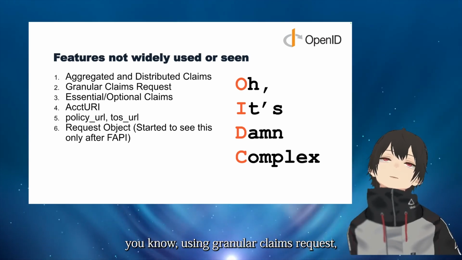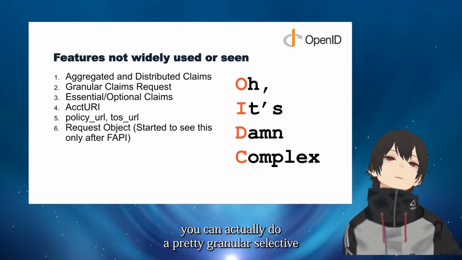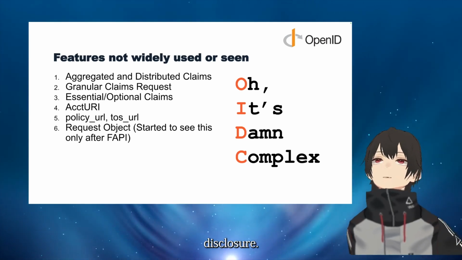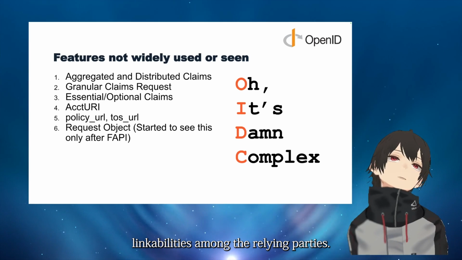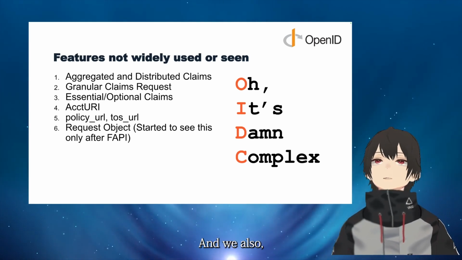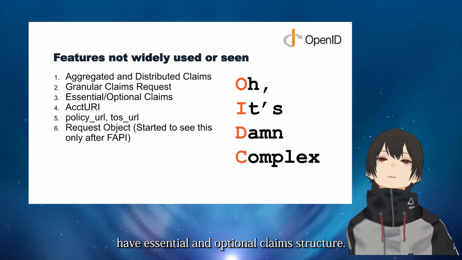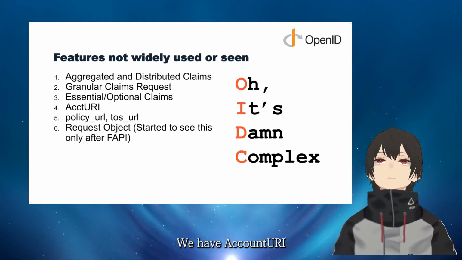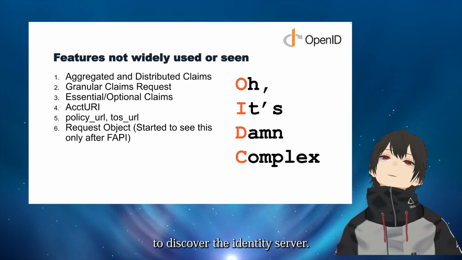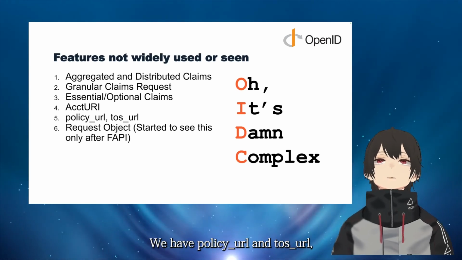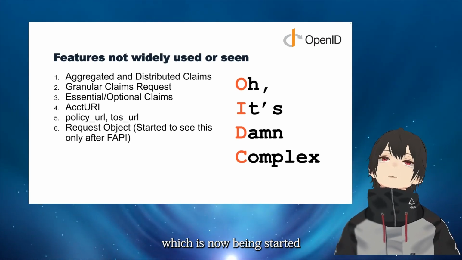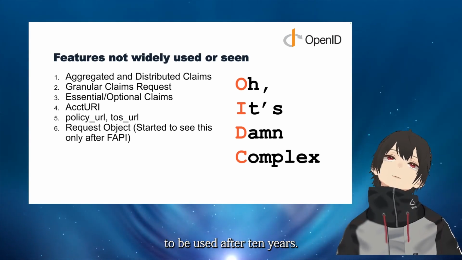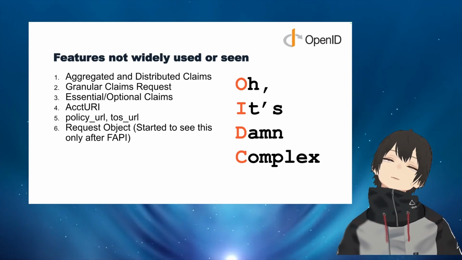Using granular claims request, you can actually do a pretty granular selective disclosure without linkability among the relying parties. And we also have essential and optional claims structure. We have account URI to discover the identity server.